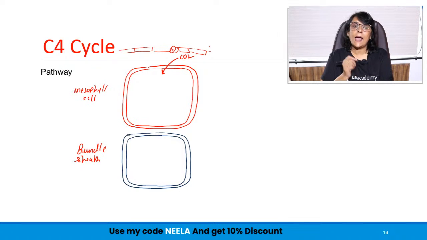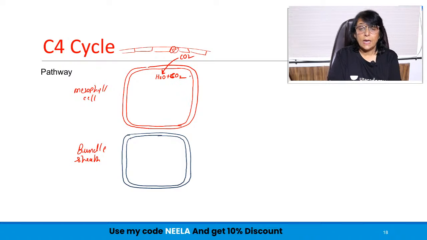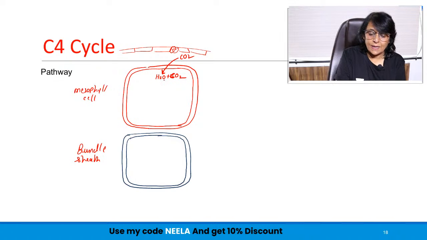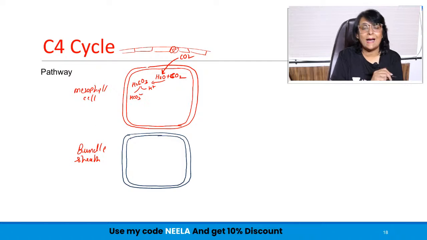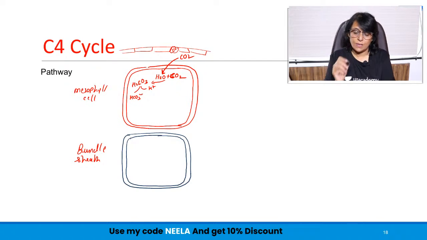Normally we directly add carbon dioxide, but what happens is carbon dioxide reacts with water in presence of carbonic anhydrase to form carbonic acid, which dissociates into H plus and bicarbonate ions, and this is the bicarbonate which is added to some molecule.